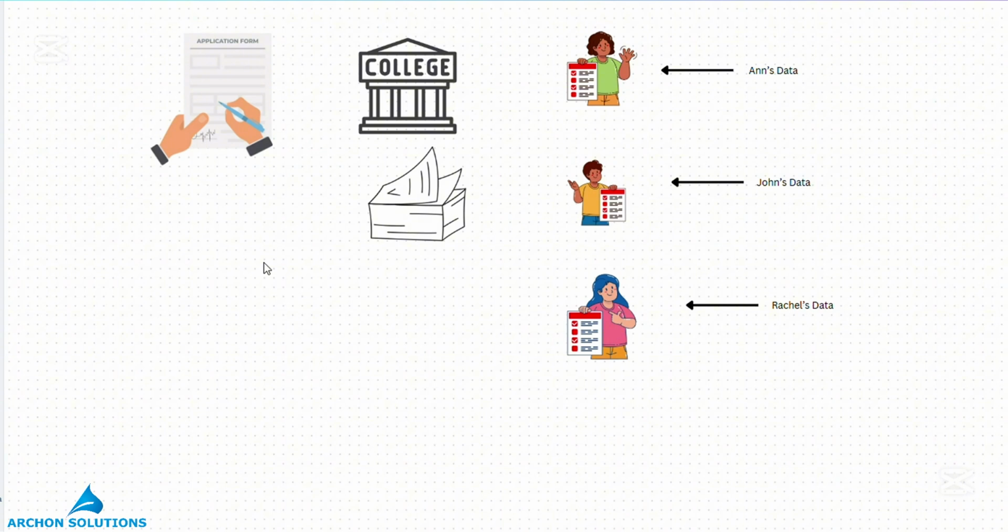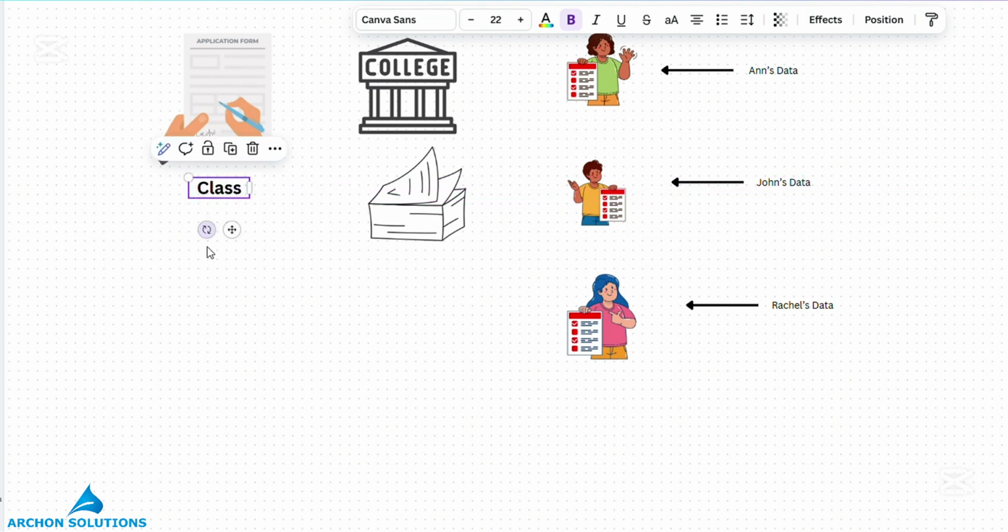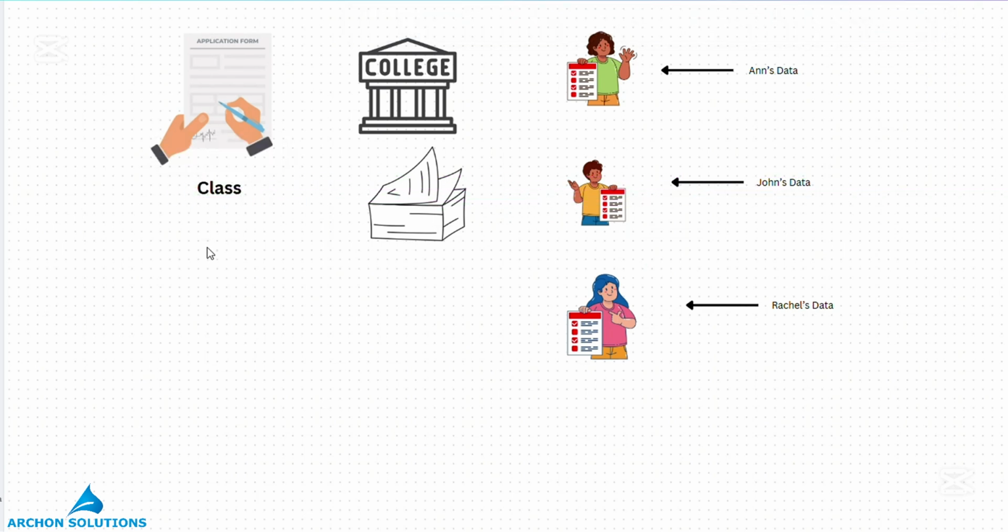Now let's relate this to the Java world. In the Java world, this application form, which was blank, which was just a template or a format, is what is called a class. So class is nothing but a template or a format, or in the definition way, we call it a blueprint, a blueprint saying what kind of data this class needs.